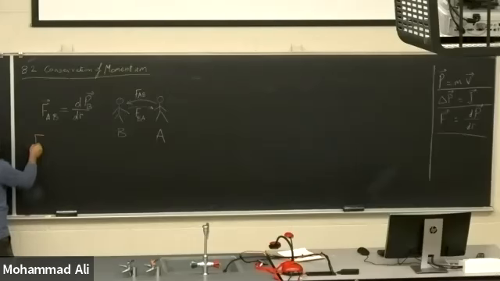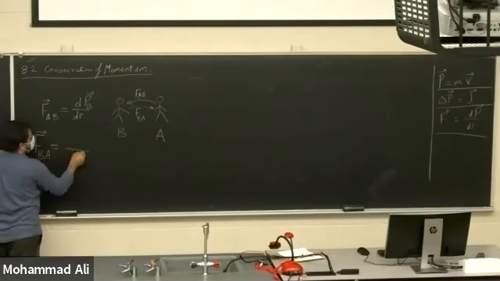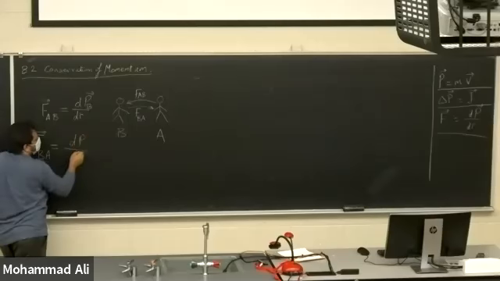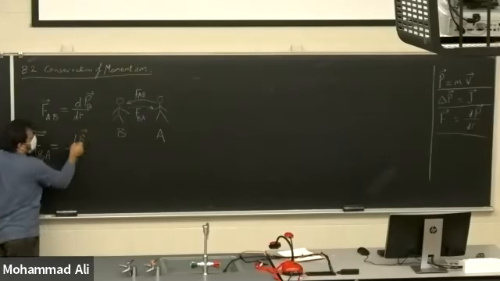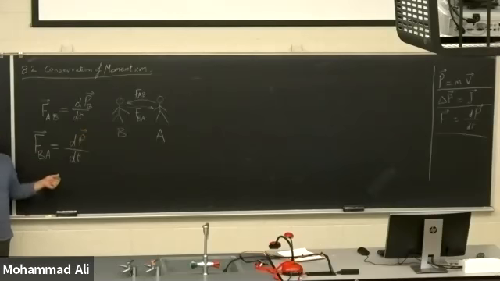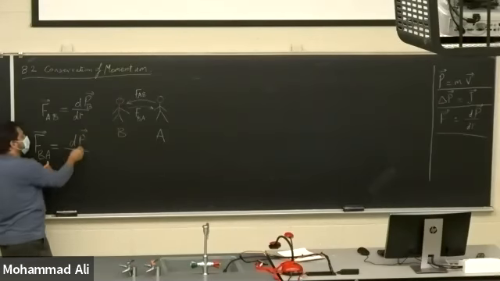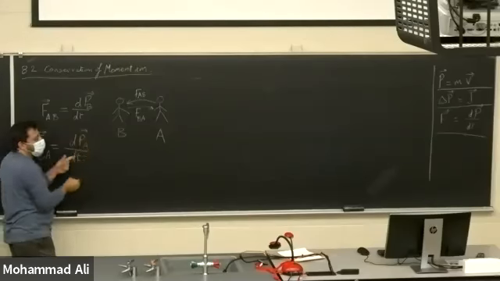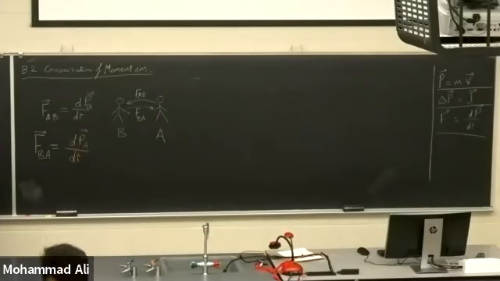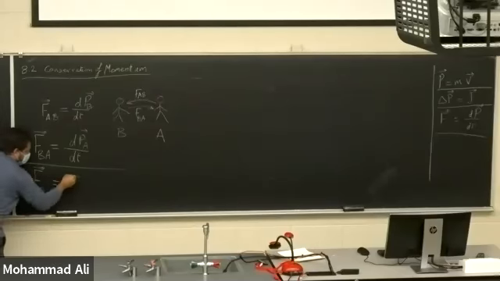This force from B on A is equal to dP by dt, but now the force acts on the object A, and the change in momentum is for the object A. Now, we know that F from A on B is equal to F from B on A, but with a negative sign, right?